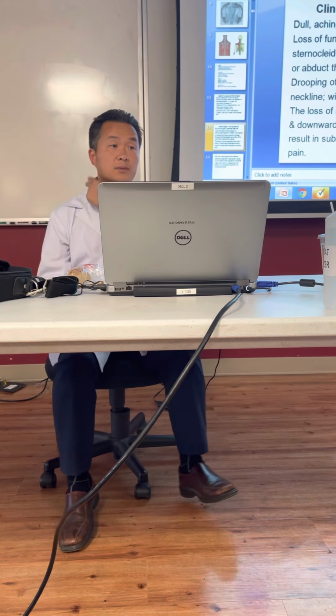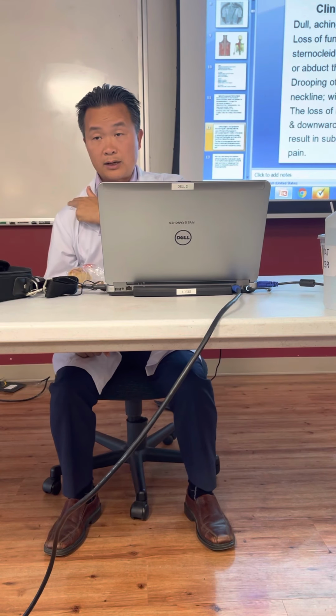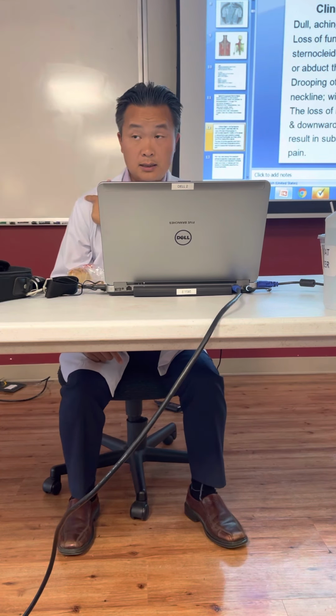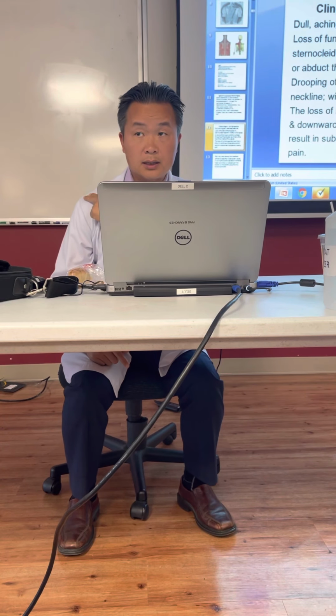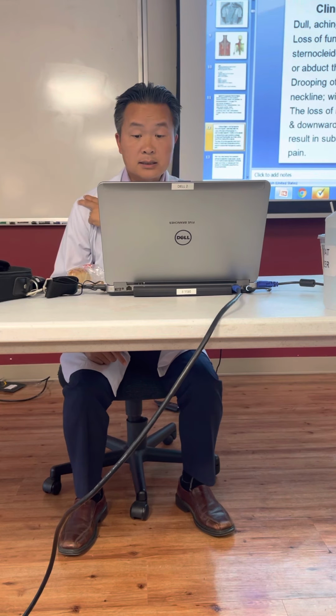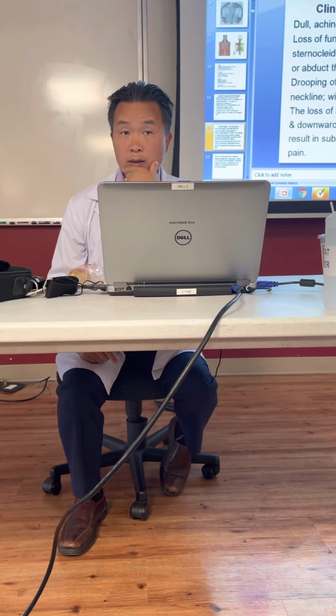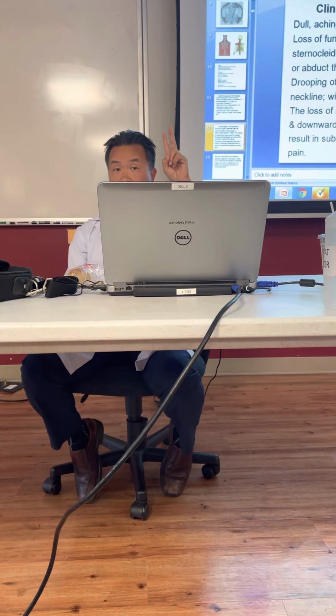So because of the damage to the spinal accessory nerve, the shoulder droops down. With that drooping down, what happens? The bursa can compress on the rotator cuff, the supraspinatus tendon, and that can cause what we call acromion impingement syndrome. You guys remember impingement syndrome from the previous class?